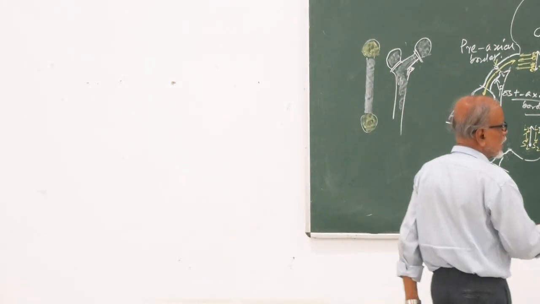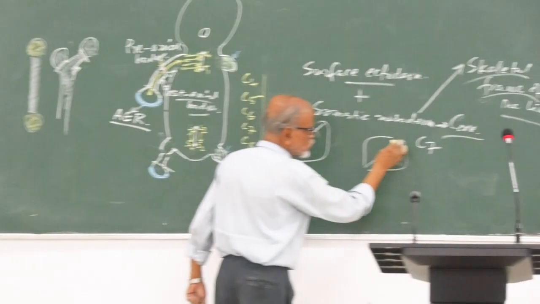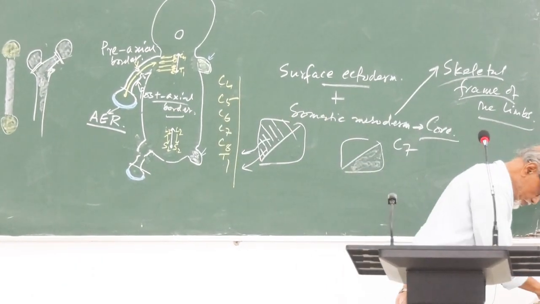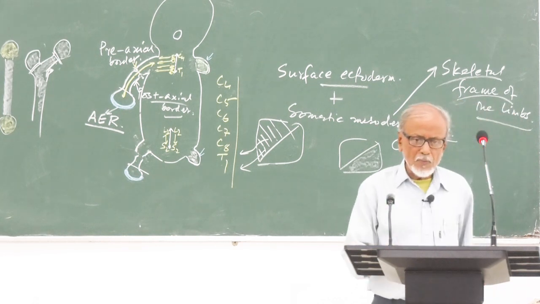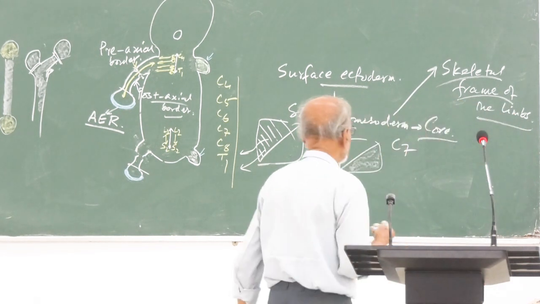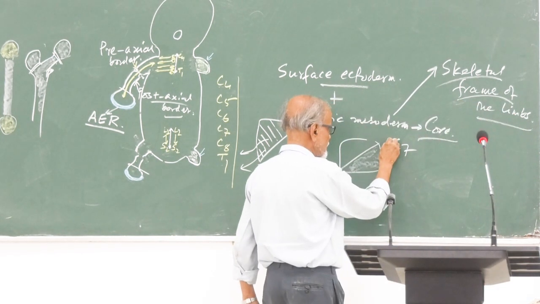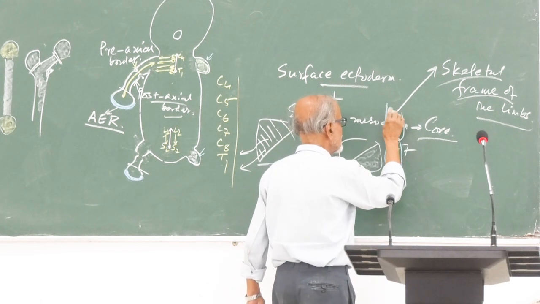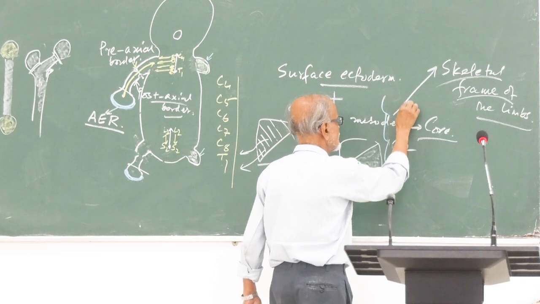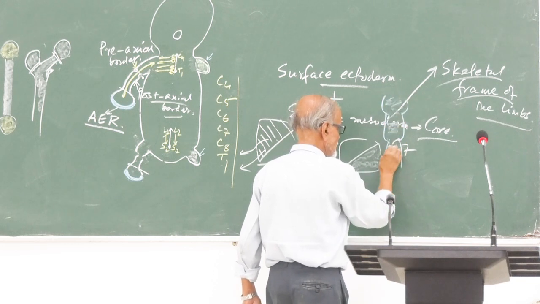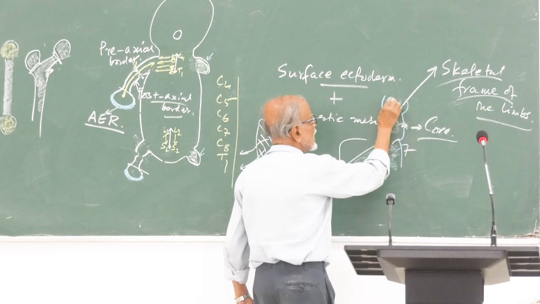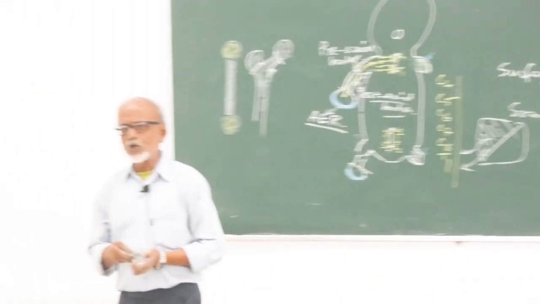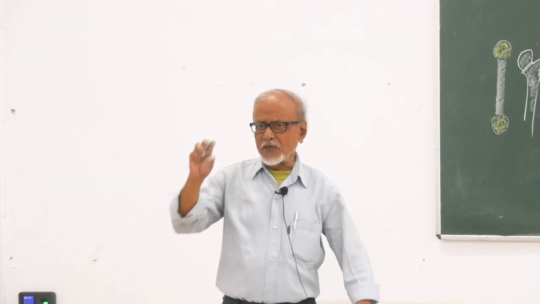Now, this C7 somite is here. Take blue and draw the spinal cord. This is the spinal cord with the segment.